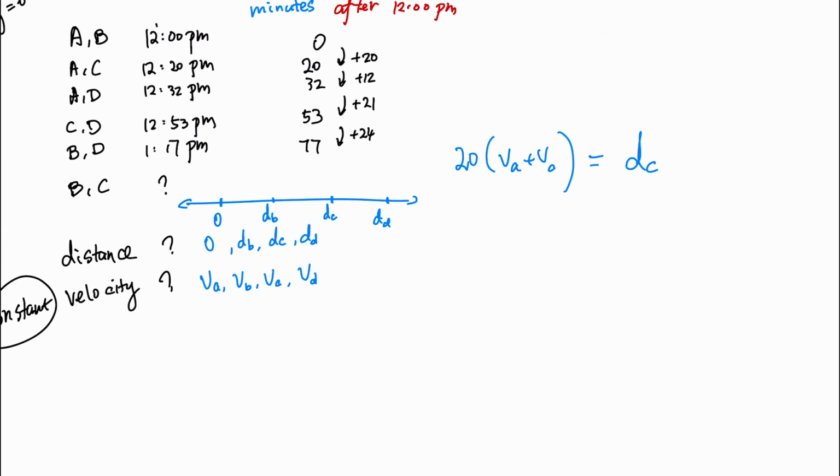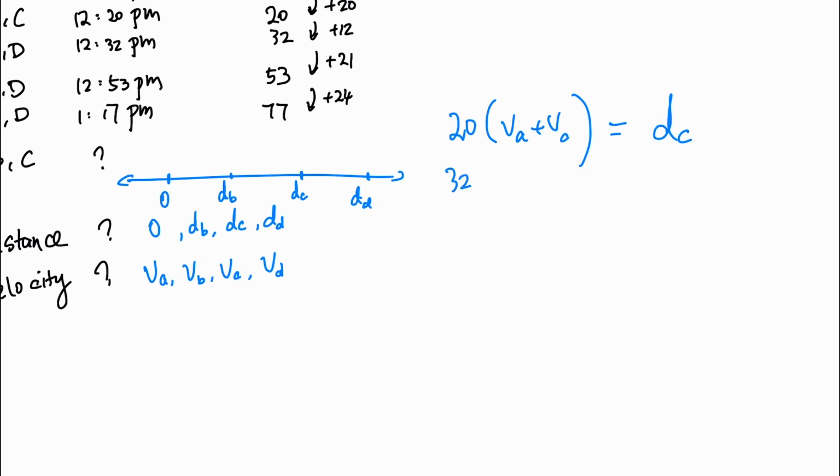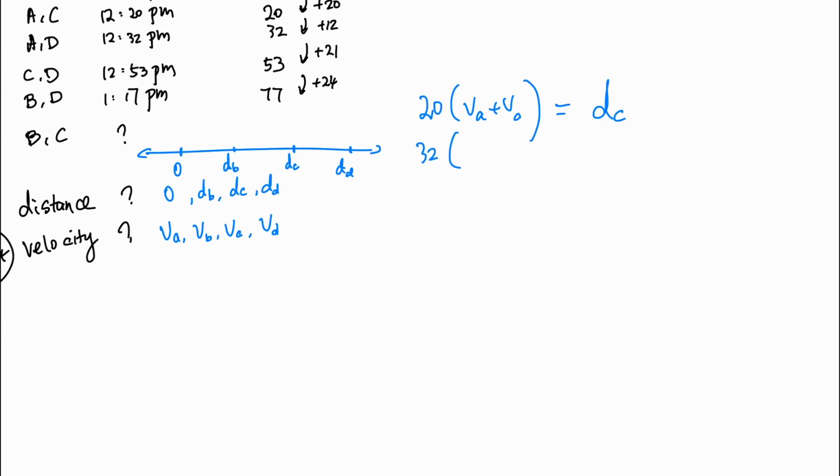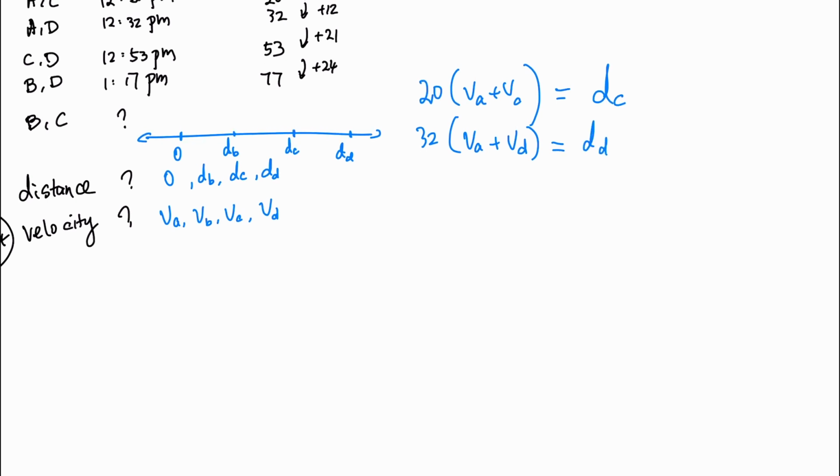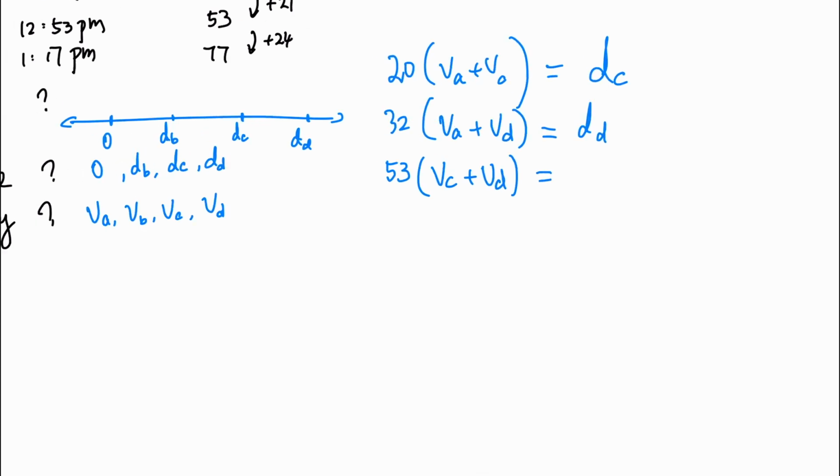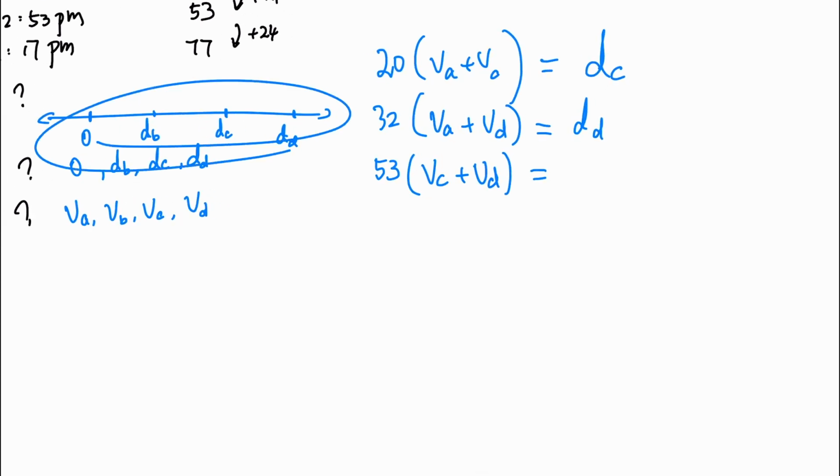And what would we see? 32 minutes after, we get A and D. That is equal to DD. And 53 minutes later, we see that is C and D. Let's assume in this order.